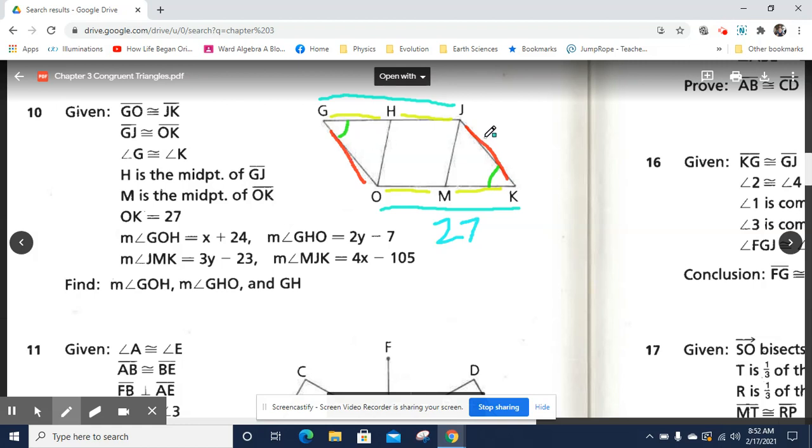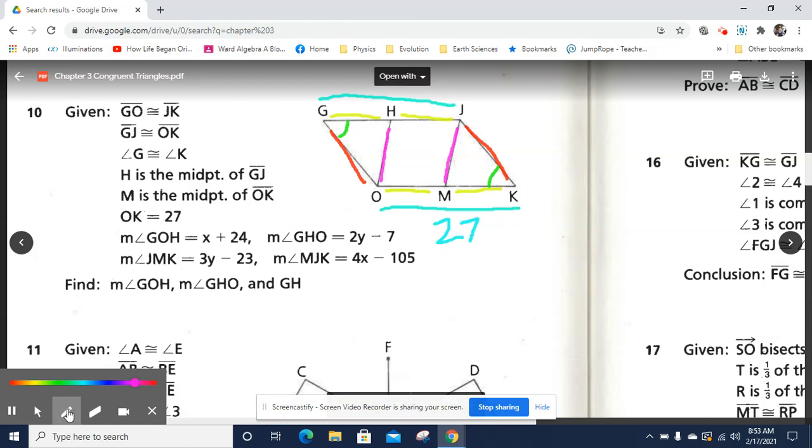So that will also let us know that triangle GHO and triangle KMJ are congruent to each other by side angle side. And if those triangles are congruent, then by corresponding parts of congruent triangles, those corresponding parts are congruent.